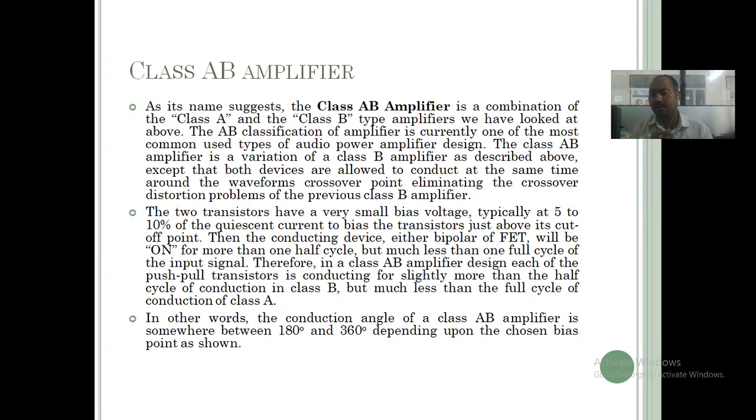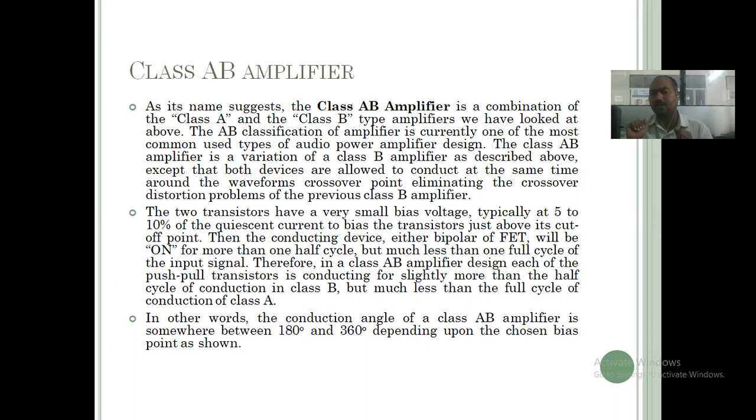The reason we have not preferred the class A amplifier is that one transistor has to work on the full 360-degree cycle. So that's a burden on it, and that's why there is less efficiency with respect to the class A type of the amplifier, right?